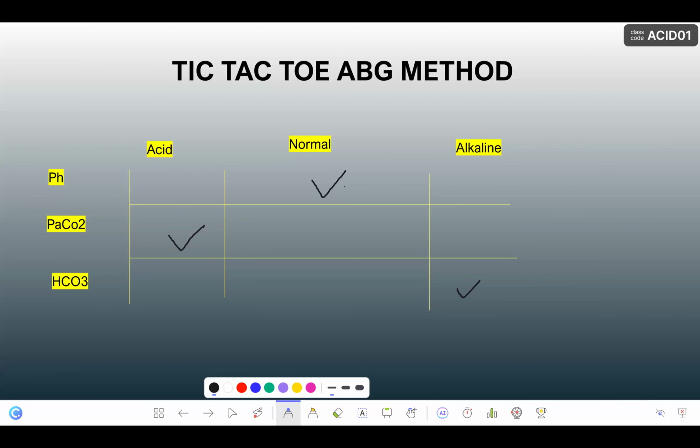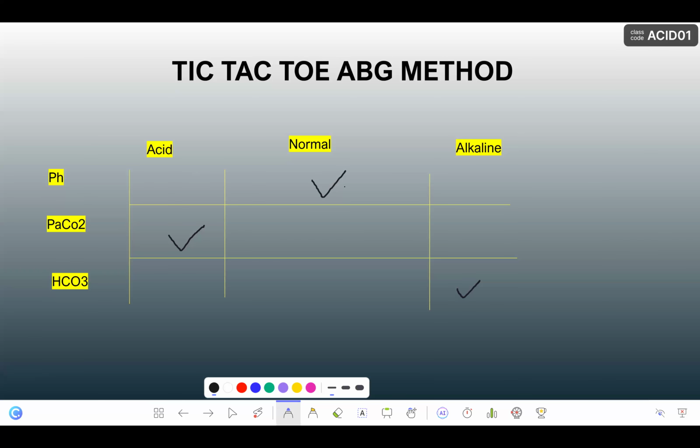All right, so we know that our pH is 7.44, 7.35 to 7.45. So we know that normal pH is a 7.4. So is this tending more towards the alkaline side or more toward the acidic side?